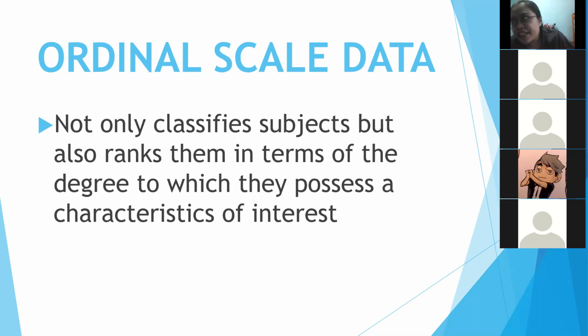So sa ordinal, this is ordered, meaning we rank. Our data is being ranked, na atay ranking na ginasunod. Dili lang siya taman nga i-classify nato, but we rank them in terms of the degree, depende sa characteristics of interest.